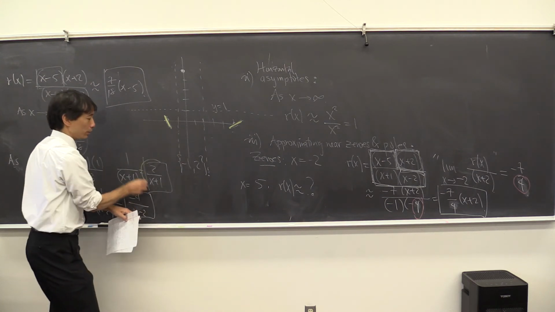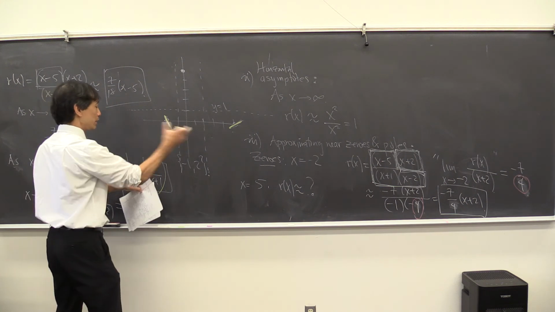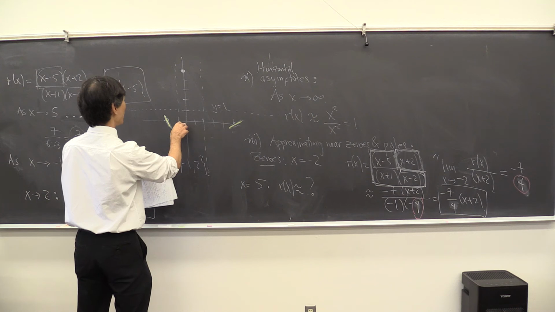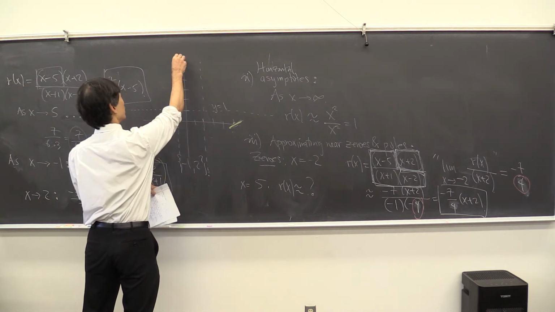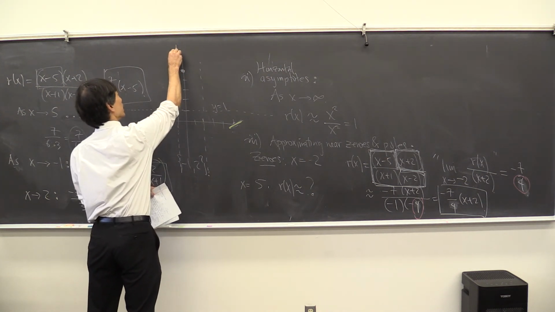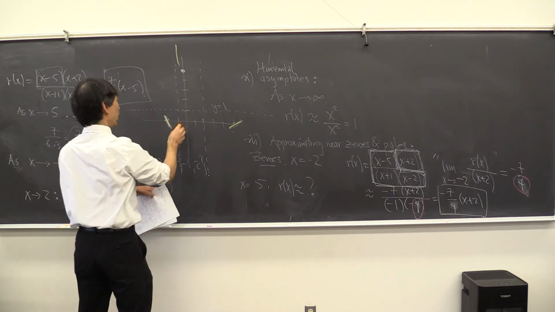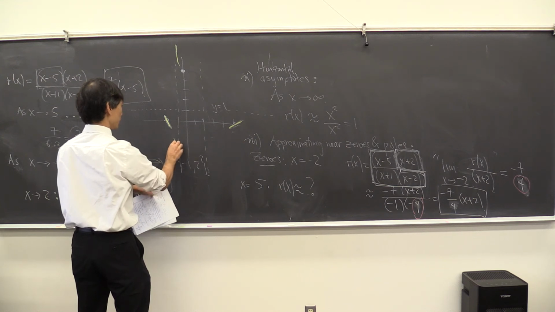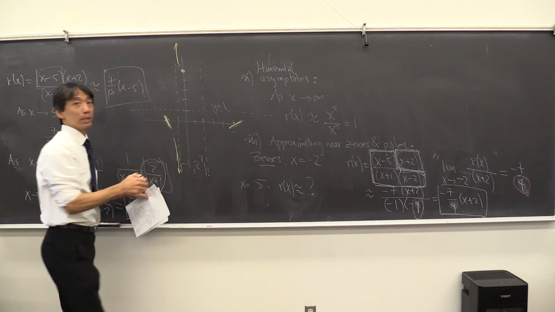This is a transformed 1/x function, so it's 1/x shifted to the left and multiplied by 2. So from here, it's going to look like this, I guess. Looks like the 1/x function, and from down here, it's going to look like this. So it goes up and down like that.